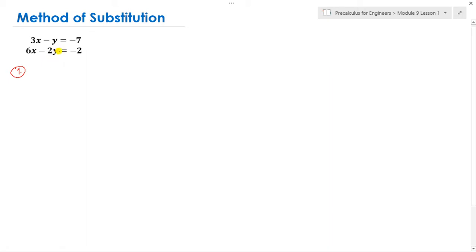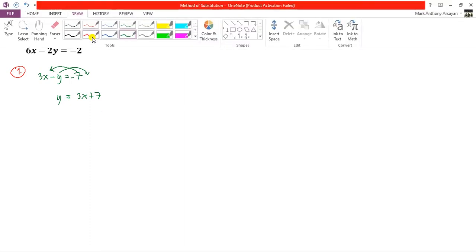For me, I find equation 1 easier to manipulate. So this would now become 3x minus y is equal to negative 7. Here, I'm going to transpose y to the other side and 7 to the other side, and also make y positive. So we have y is equal to 3x plus 7.